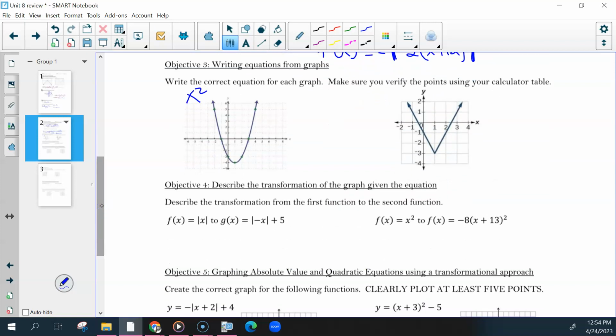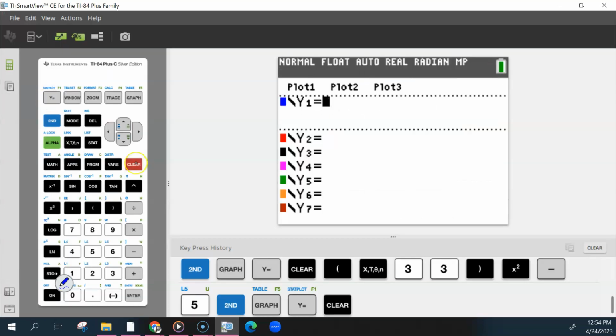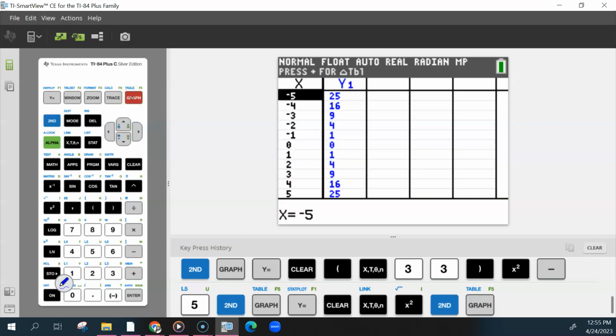And then if you want, you can draw in your parent function so you can compare what changed. If you don't remember what that is, go into your y equals and type in x squared, and go into your table, second graph, you can find the middle and then graph out.